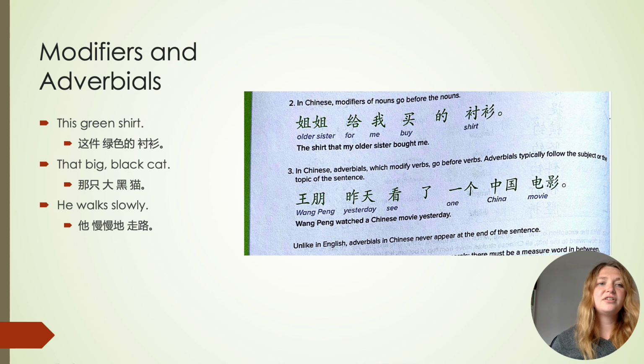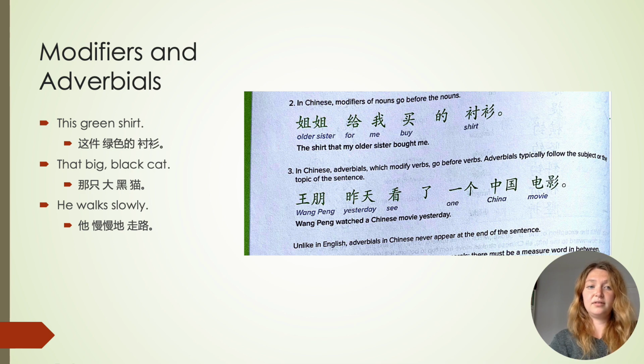Now, modifiers and adverbials. I put these two together because they both follow a similar rule. In Chinese, modifiers of nouns, usually adjectives, but in their case they can actually be a modifying phrase, go before the noun. Again, that's the same in English most of the time, where if it's just simple adjectives, we tend to put them before the noun.